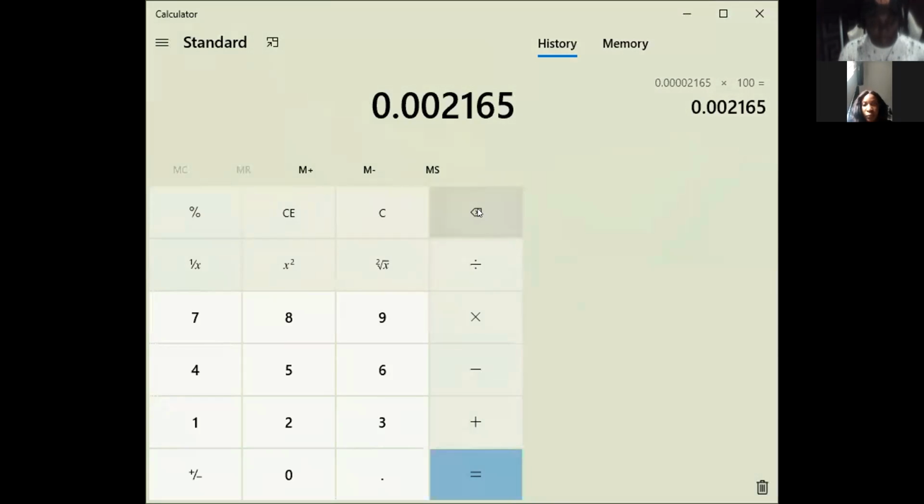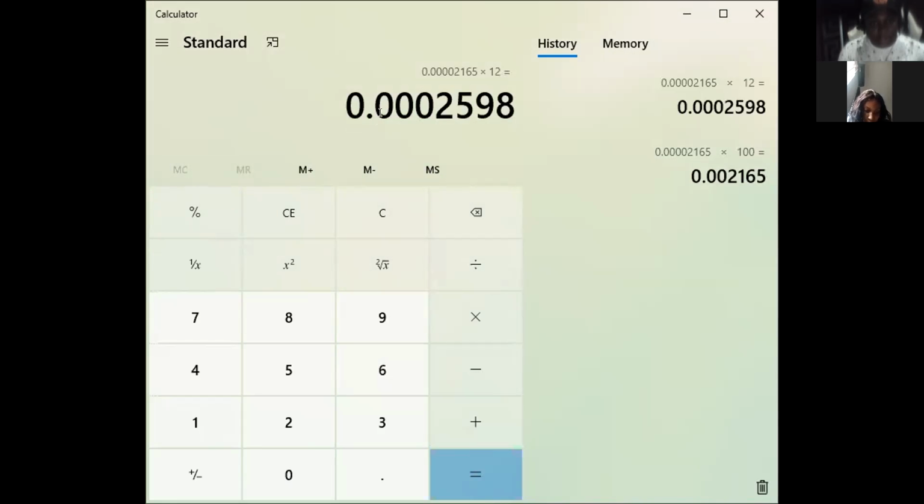Let's start afresh. 0.00002165 times 12%, right? Times 12 equals 0.000258. Do you understand? Divided by 100.